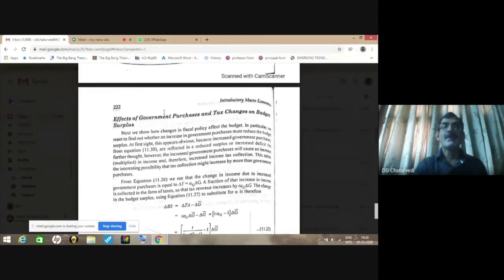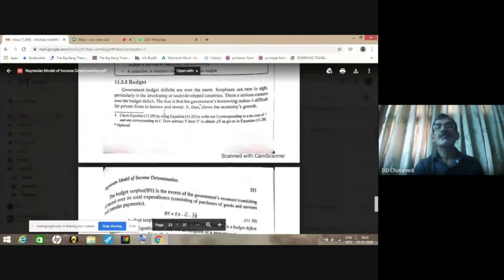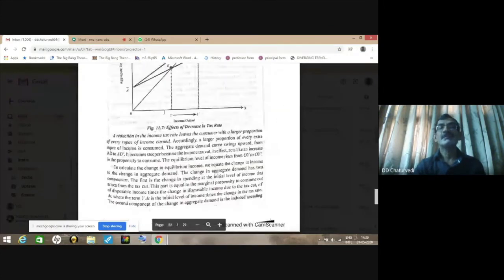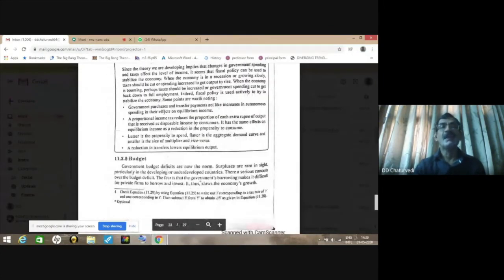If you go back to equation number 11.27, that equation is showing the value of alpha G, that is the government expenditure multiplier, which is 1 upon 1 minus C within bracket 1 minus T. So we are going to use this government expenditure multiplier in the equation that we are just deriving.